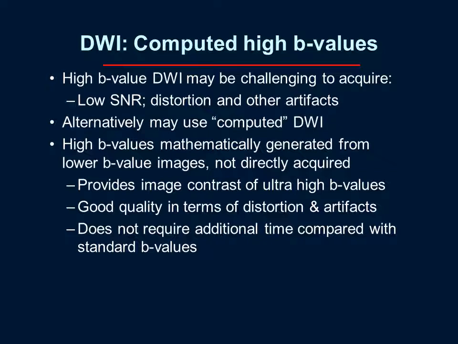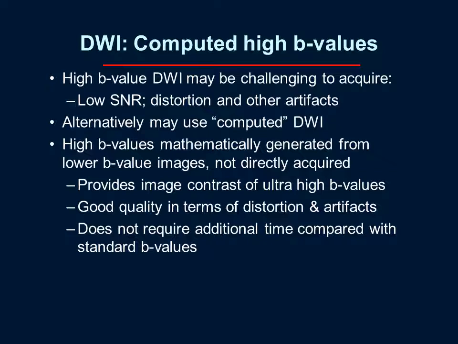In terms of actually incorporating these very high B-values into our protocols, the high B-value images can be challenging to acquire. As we increase the B-value, the SNR decreases, and we have greater issues with distortion and other artifacts. So an alternative approach can be to use what's described as computed diffusion-weighted imaging.